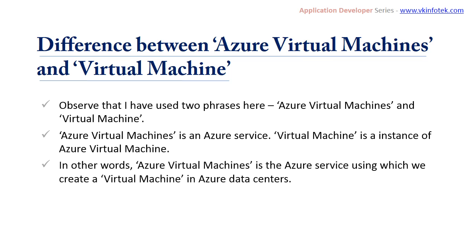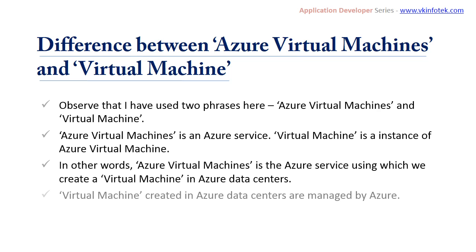In other words, Azure virtual machines is the Azure service using which we create a virtual machine in Azure data centers, and on this virtual machine we can install operating system and applications. Virtual machines created in Azure data centers are managed by Azure.